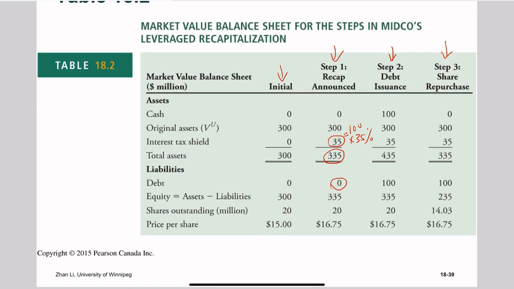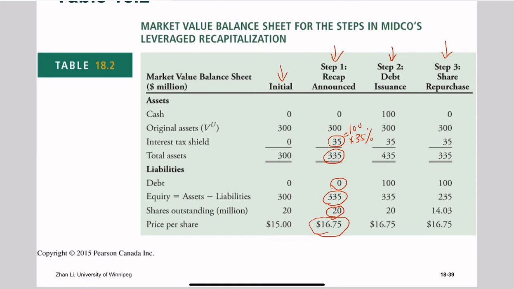And the market value of equity has to be the same as the market value of assets. So in this case, you can see that the equity will become 335. The shares outstanding is still the same number, 20 million shares. So this gives us the price per share.